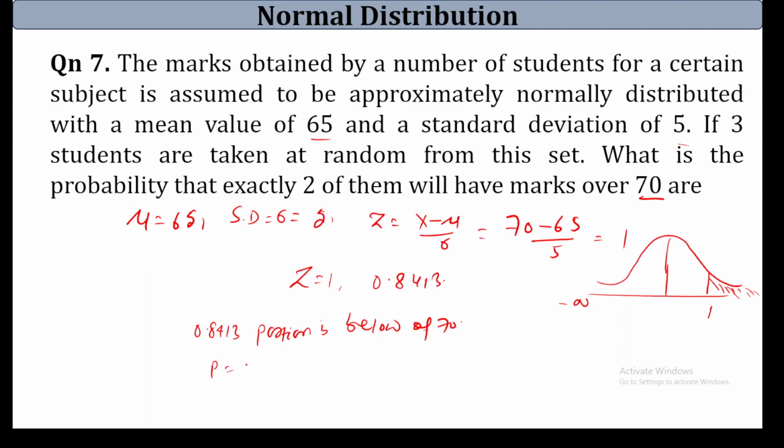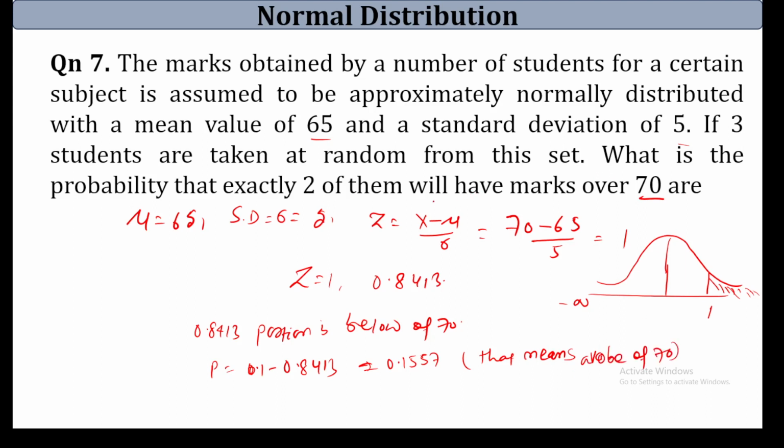So P is equal to 1 minus 0.8413, which becomes 0.1587. That means 15.87% are getting marks above 70.